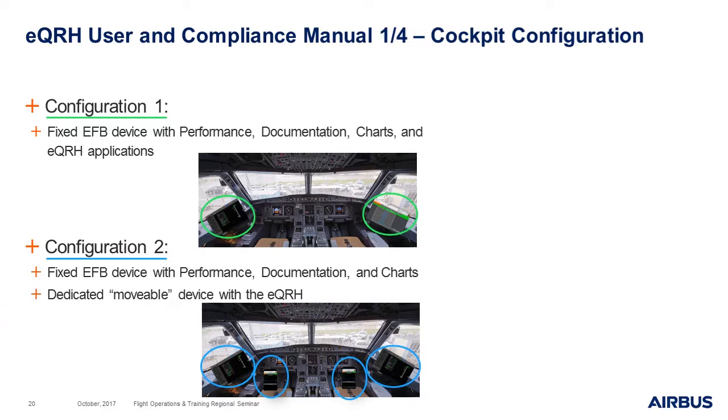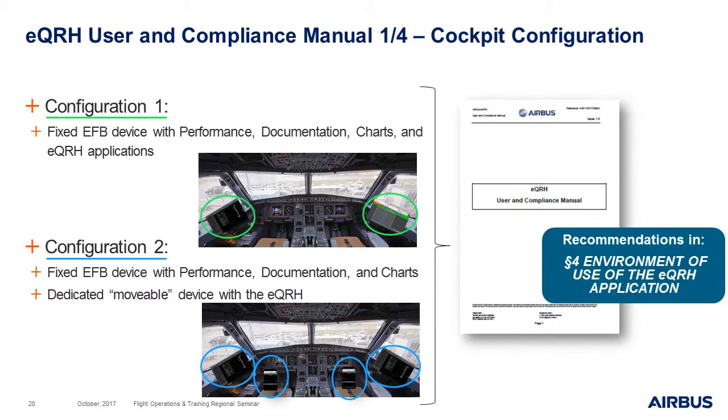In both configurations, the operational and human factor evaluations enabled us to identify some recommendations that ensure an efficient use of the eQRH. These recommendations are available in Chapter 4 of the eQRH User and Compliance Manual.